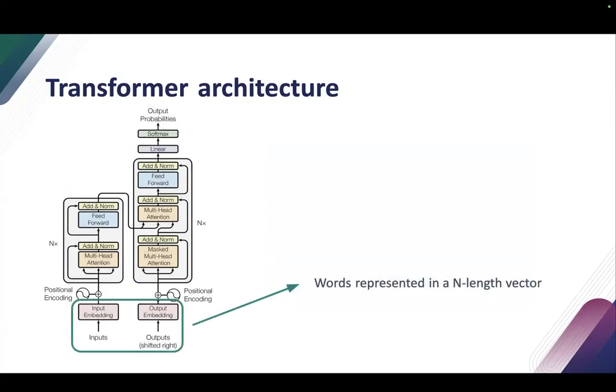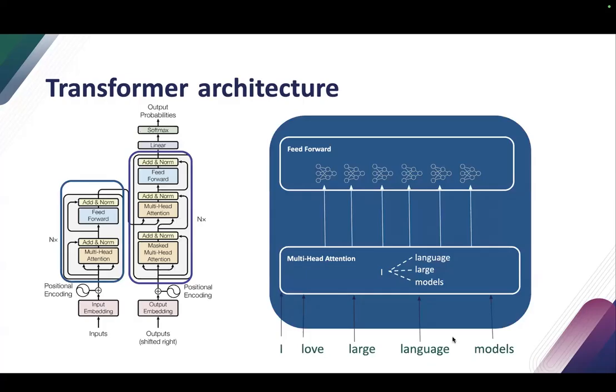One thing that happens though is that whenever you're passing your sentence into your multi-head attention, every word is going in at the same time, so you're losing track of the order of the words. So a key aspect of transformers is that, yes, every word is inputted at the same time and they are compared to one another, but there's a key component which we call the positional encoding.